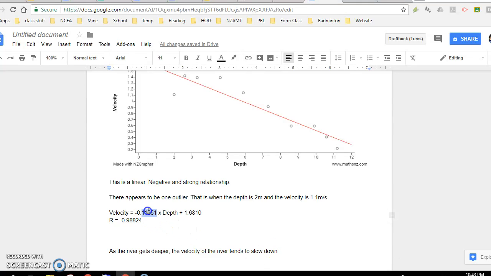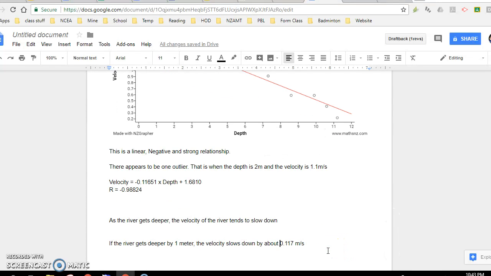We've got a little formula here. What does that number mean? Well, that number means that's the gradient. If the river gets deeper by 1 meter, I'm taking 1 meter just because it's just a rate. If it gets deeper by 1 meter, then the velocity slows down because it's negative. If it wasn't negative, it would be speeding up.